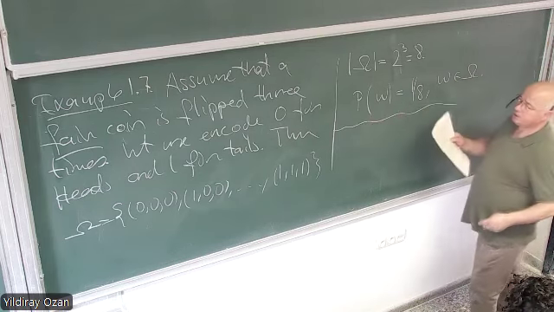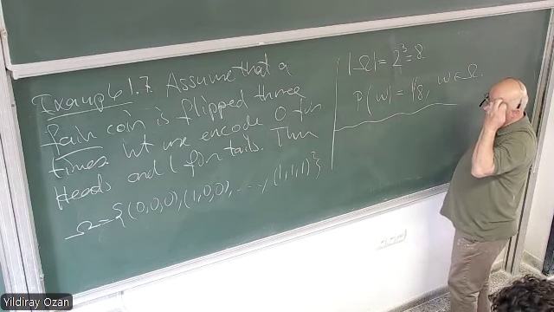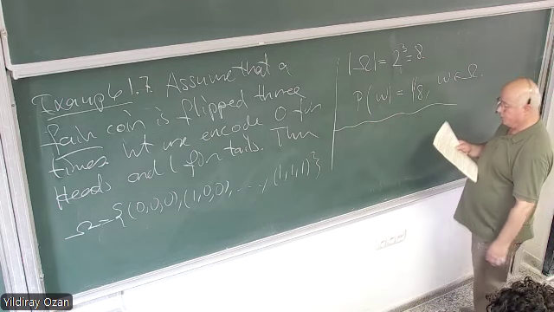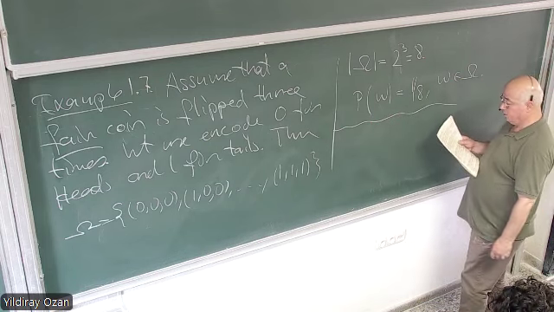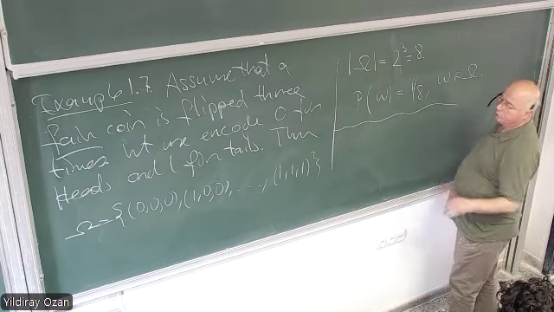And from this, you see that if I just repeat an experiment n times, then the sample space will be just products, right?